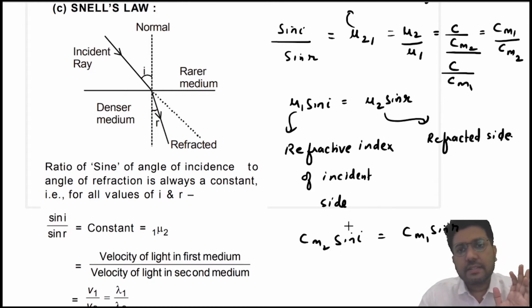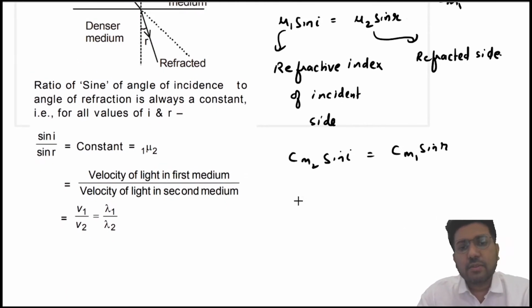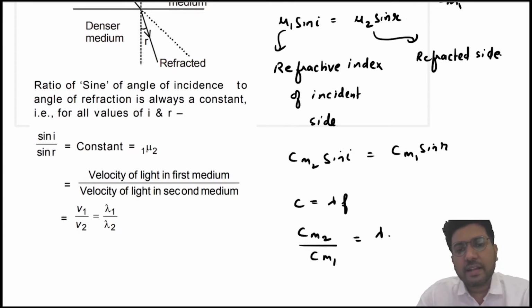See, there is an inverse relation between refractive index and the speed of light. But this can also be written using C is equal to lambda f, and frequency does not change when light travels from one medium to other. So Cm1 by Cm2 can also be written as lambda m1 by lambda m2, because f gets cancelled out.